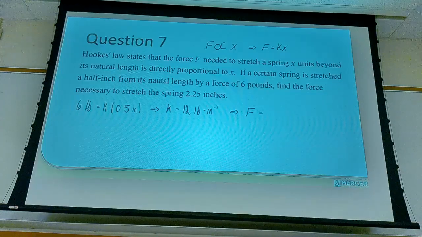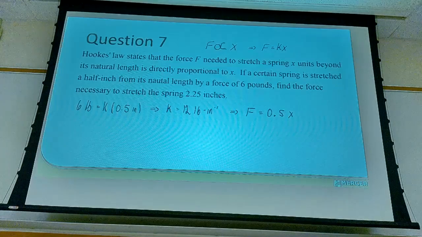Right, so the force is 0.5 times x. And again, we typically don't include the units in the actual equation. Find the force necessary to stretch the spring 2.25 inches.